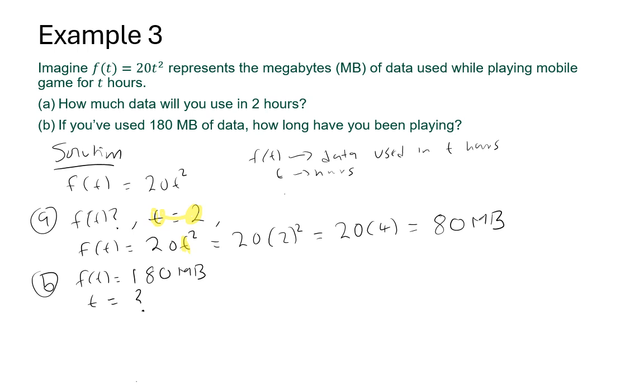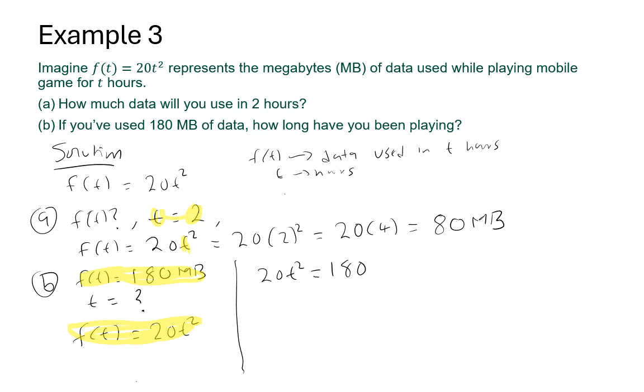Remember that f of t is equal to 20t squared, and now we have f of t equal to 180 MB. We are given this in the question. So then we equate these. Since they are all equal to f of t, we say 20t squared is the same as 180 MB.